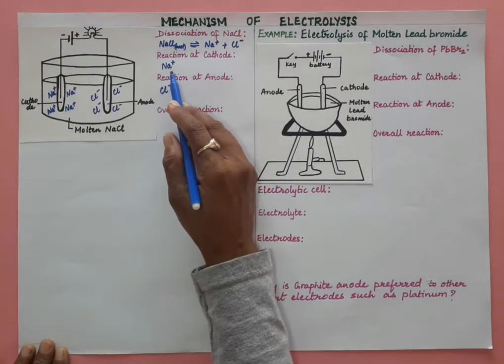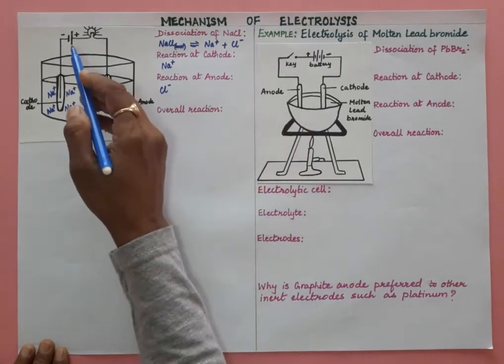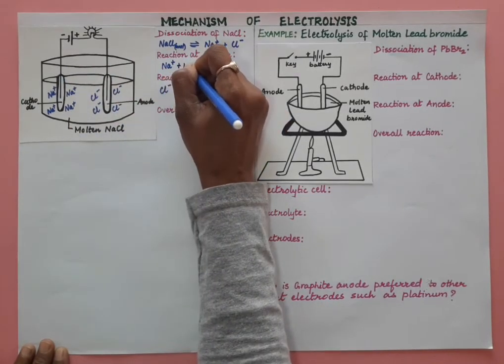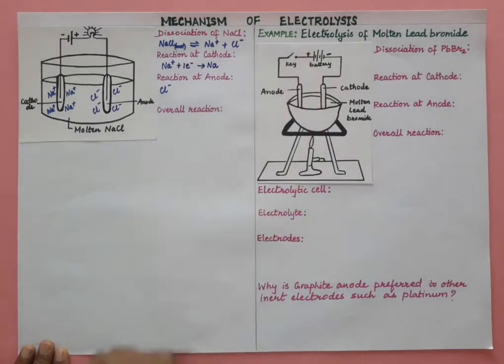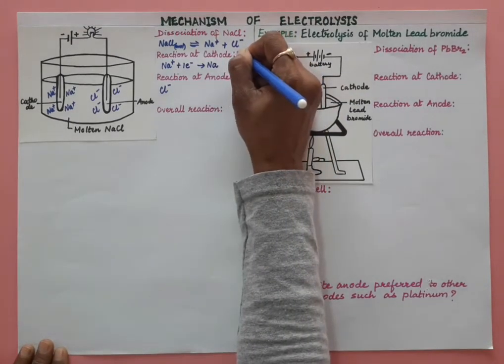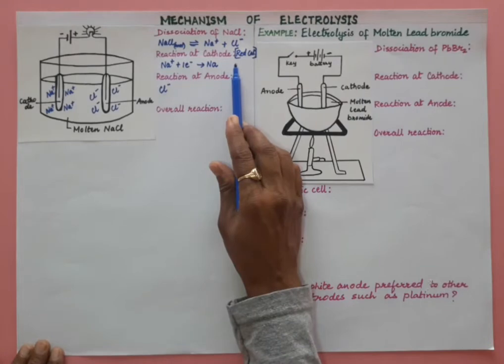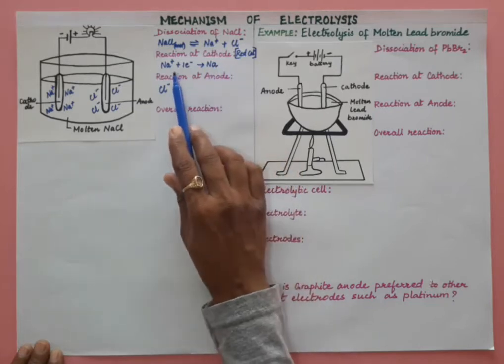That is why cations take up electrons from the cathode. They gain electrons and are converted into normal, neutral atoms. Always remember at the cathode: RED CAT. Red cat means reduction at the cathode, always and always. Reduction means gain of electrons. The cathode is a reducing electrode, so reduction takes place here.